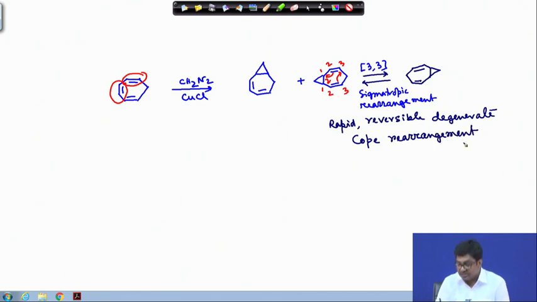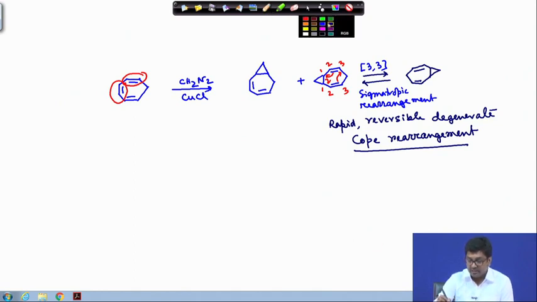So, this is another type of pericyclic, or concerted, reaction, giving the Cope rearrangement by 3,3 sigmatropic rearrangement. Next, we will see another similar type of substrate, cyclooctatetraene, if we take it.